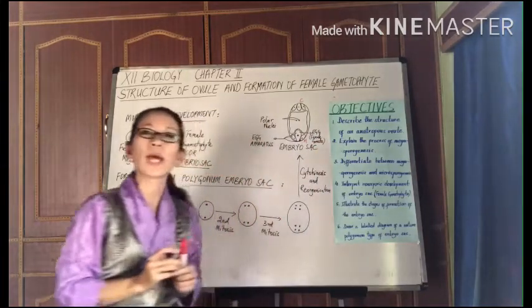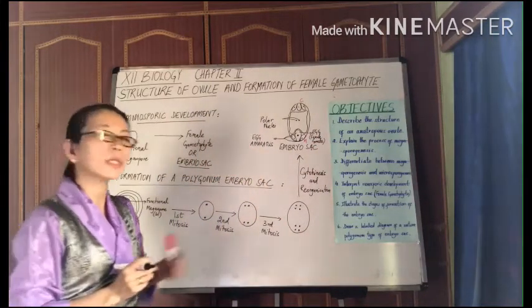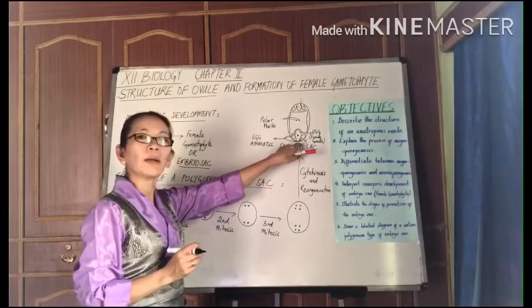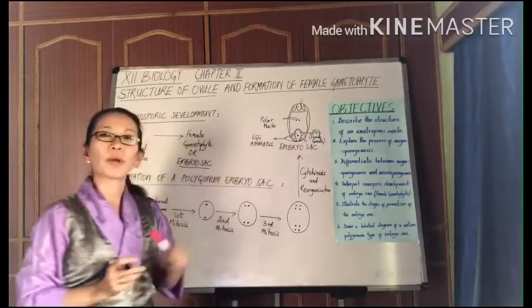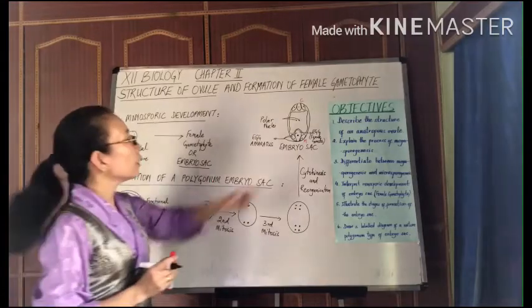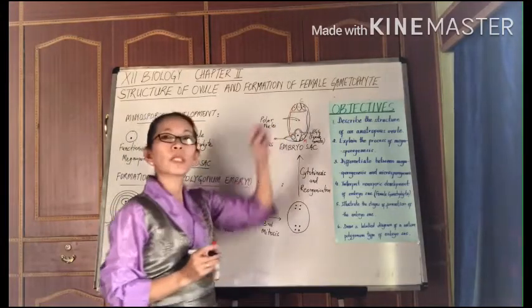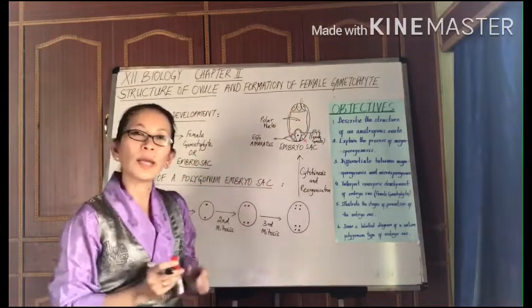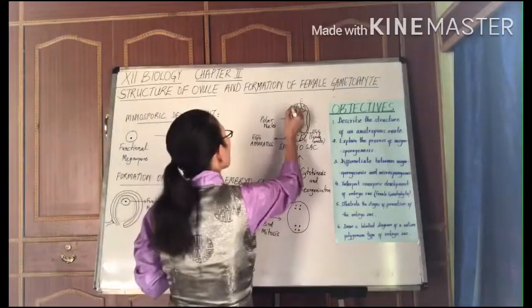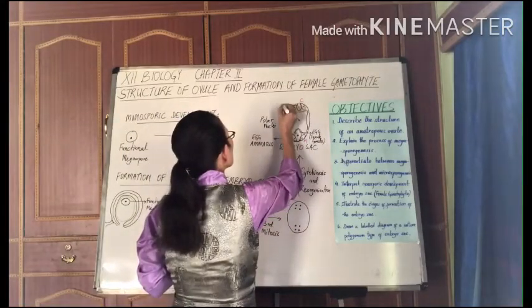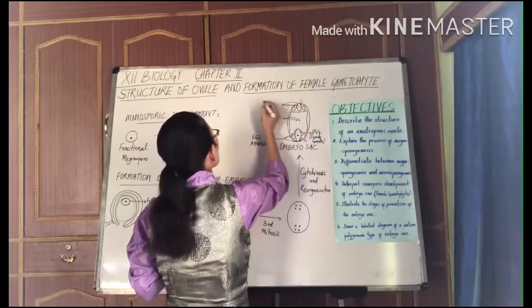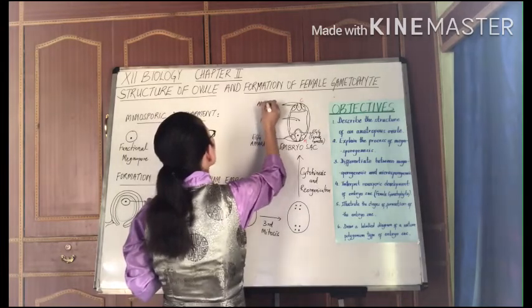The female gamete or the egg cell is located towards the micropylar end in the egg apparatus. Then there are 3 cells organized at the chalazal end, and these 3 cells are collectively known as antipodals.